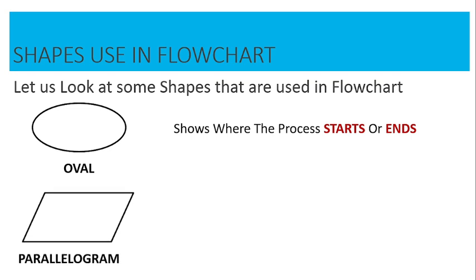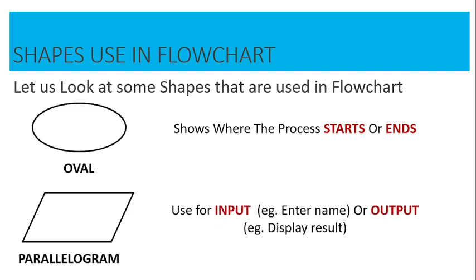Next shape you see in flowchart is a shape called a parallelogram. It is the shape that represents input or output in flowchart. You use this particular shape to indicate a step where we will take an input from the user.